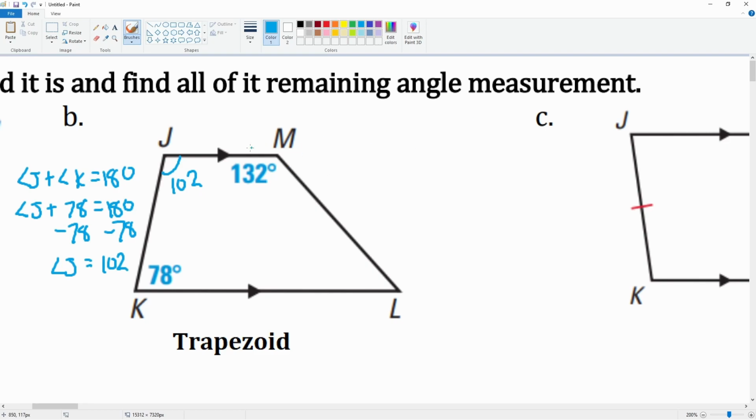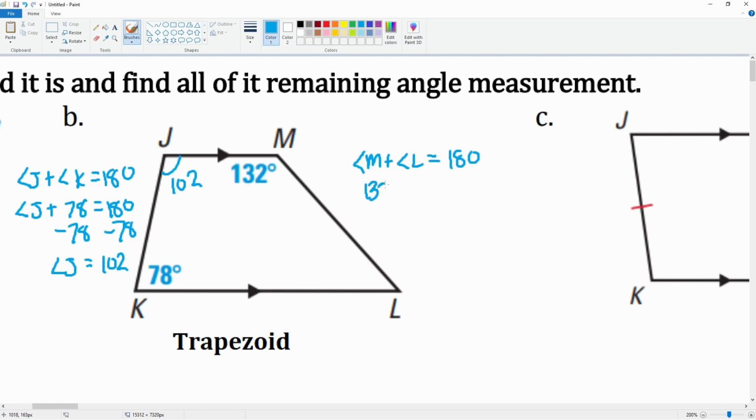Then we know that angle M and angle L have to be supplementary. Angle L. Is this right? Hold on. Let me double check this. Okay. So that's 102. Good. Okay. Angle M plus angle L is equal to 180.